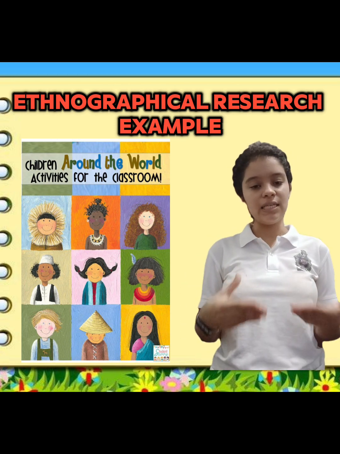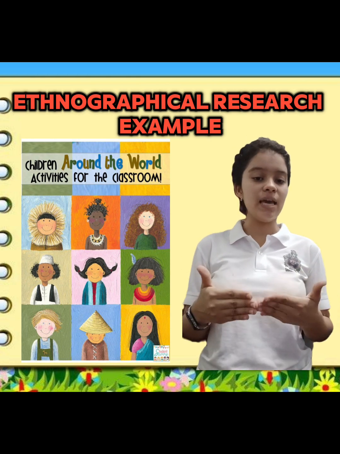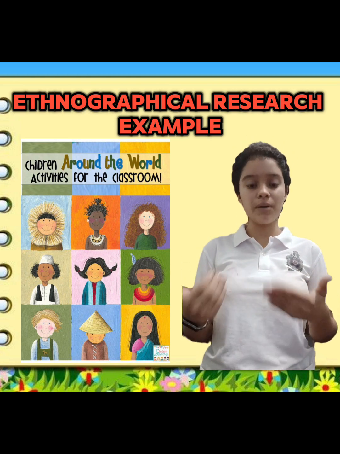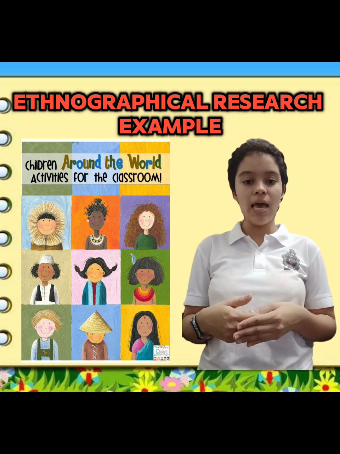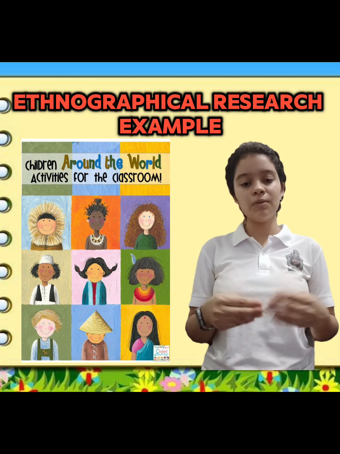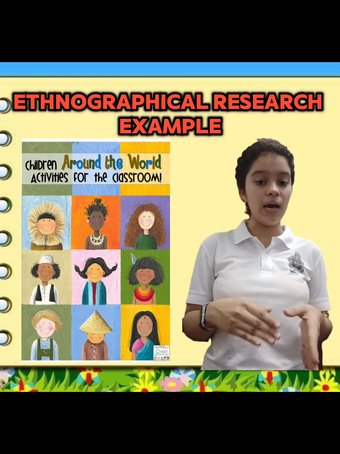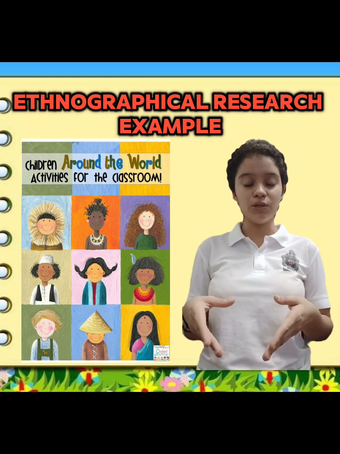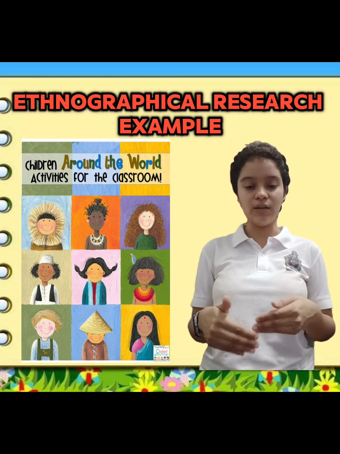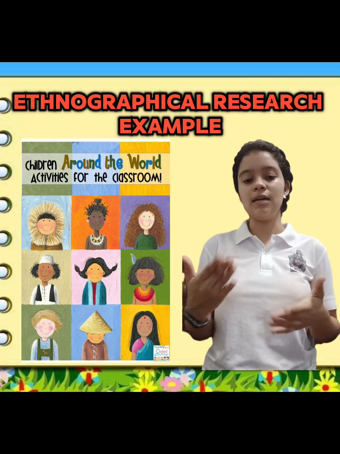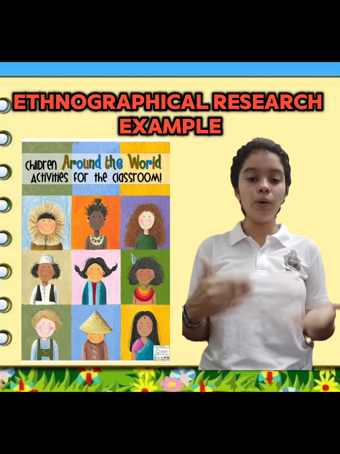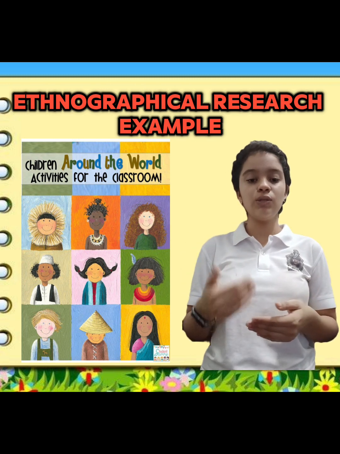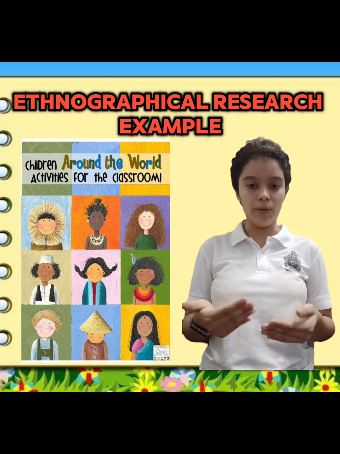An example of this is a study that investigates how cultural and social practices within a school influence student learning and interactions. Observation and interviews are applied to collect the information, in addition to the analysis of documents such as study plans, academic performance reports, school policies, among others, to delve deeper into the topic.